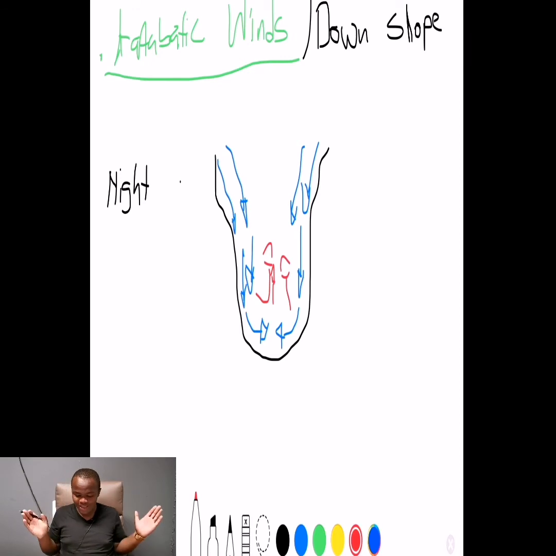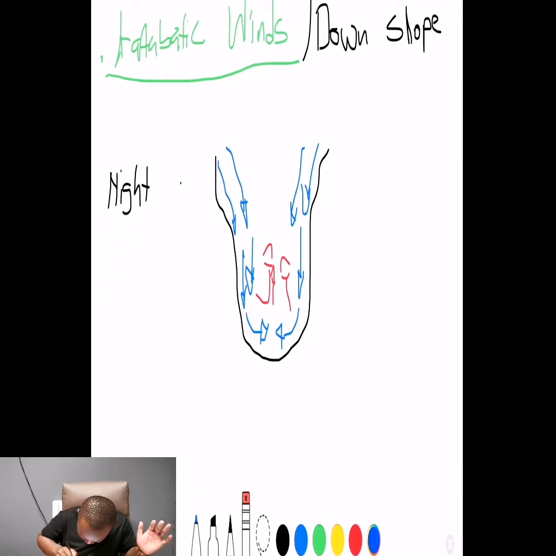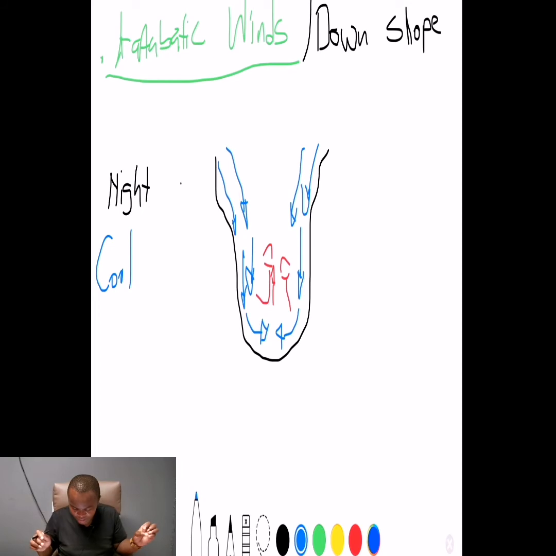So again, you guys need to know that katabatic winds are associated with what? Cold conditions. Because they occur at night. And at night, you don't have a sun that is going to bring about warm temperatures.